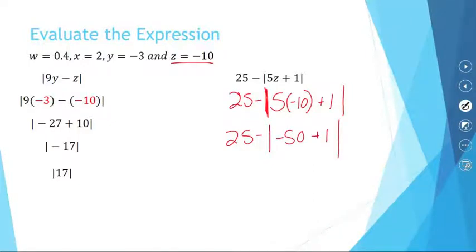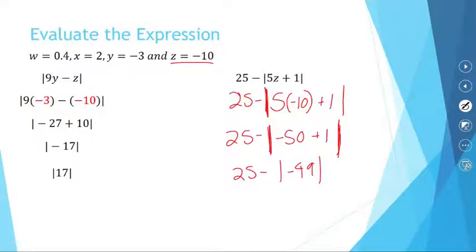Okay, and I can now add those together as well, -50 plus 1. Okay, remember, I haven't messed around with these absolute value bars, I'm just simplifying everything that's in between them. So 25 minus, but now -50 plus 1 is -49. So I've done as much as I can inside the absolute value.